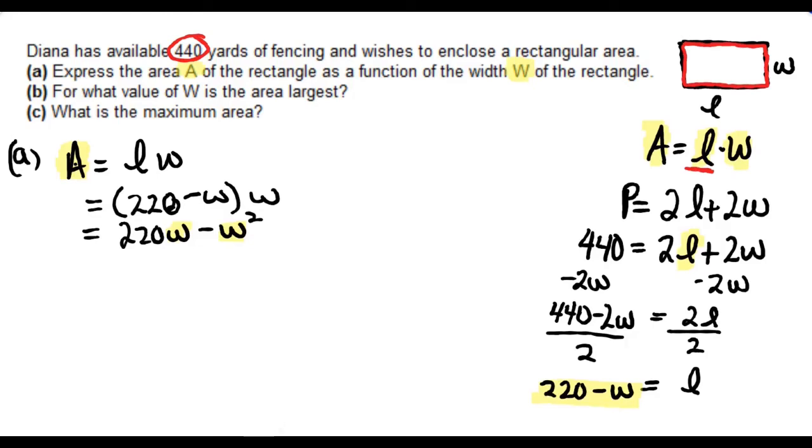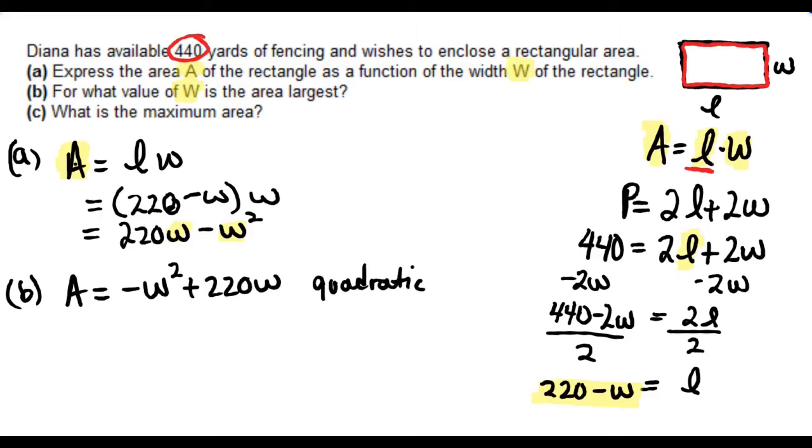And in part B, we want to find what value of w gives the largest area. So this is kind of an optimization question, finding the largest in this case, but optimization is also finding the smallest in some cases. So what we know about this example is that our function A equals, I'm going to rearrange it a little bit, negative w squared plus 220w is a quadratic.